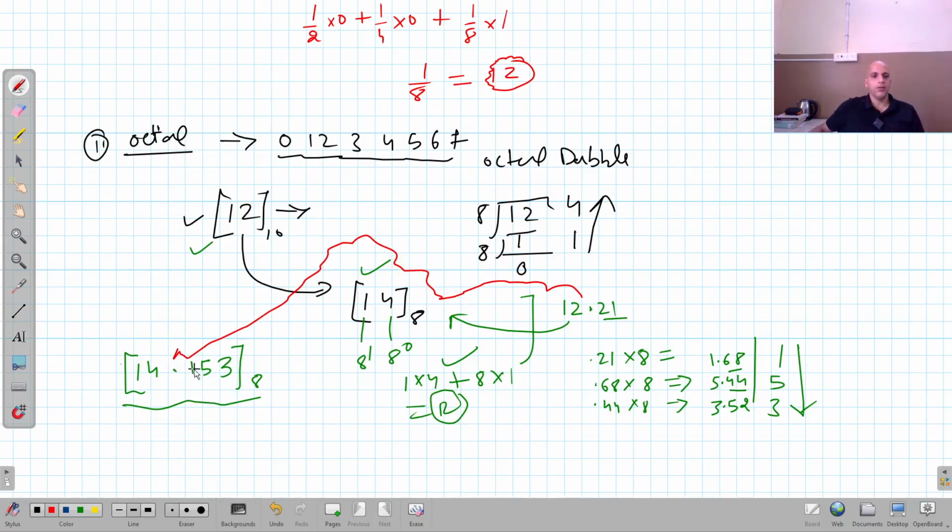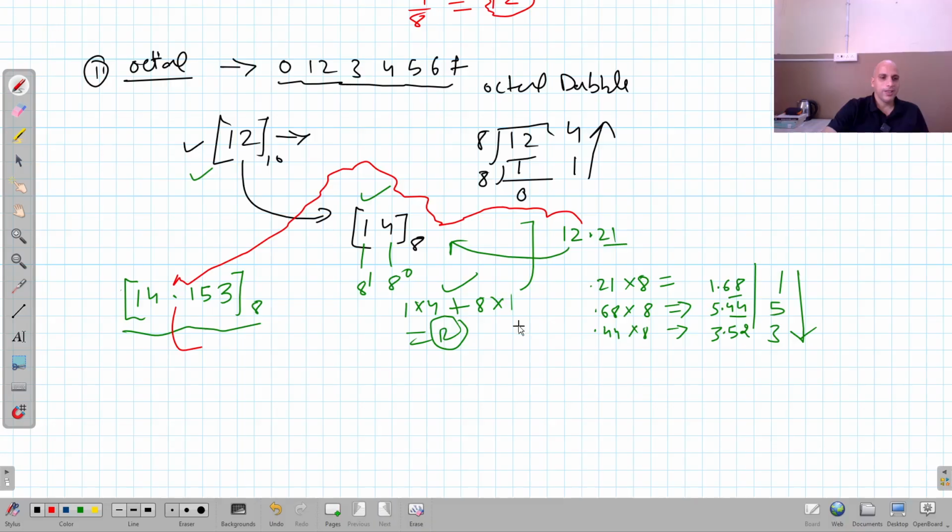So if you want to convert this number back into this one, what will we do? Again the same rule. We have converted already this into 12, but about this, again 8 power minus 1, 8 power minus 2, 8 power minus 3. So you take multiplication 1 by 8 plus 5 divided by 64 plus 3 divided by 8 power 3.